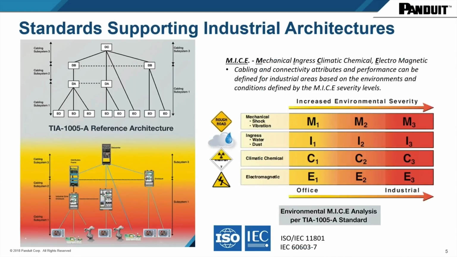So when we look at these standards, and if you open up the 568 or the 1005, you will notice that there are structures for how a network can be and should be laid out in commercial and industrial. And what you see on the left-hand side at the top is basically what we call a star topology.